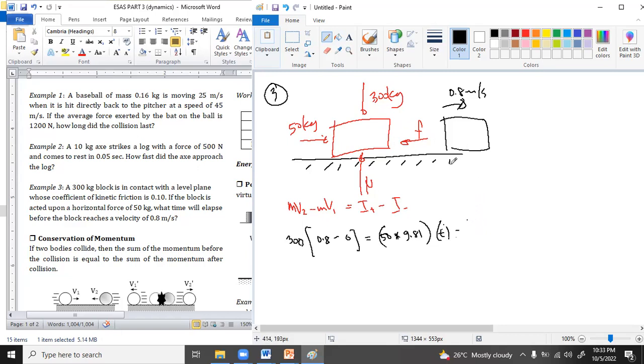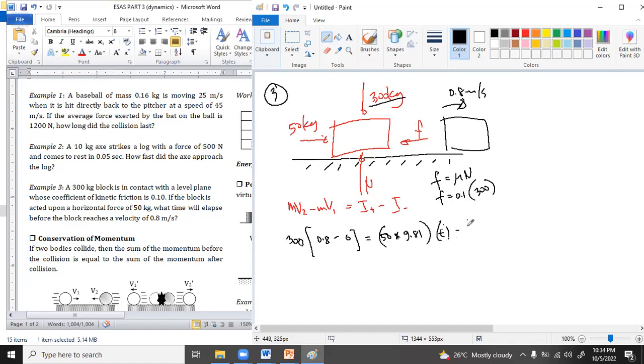In this case, it's very obvious that the friction force is equal to mu N. So this would be 0.1 multiplied by 300 kilograms. The normal force is the same as the weight of the block.